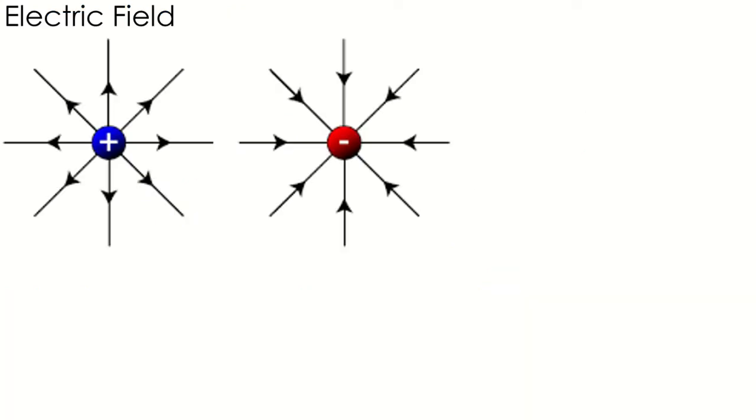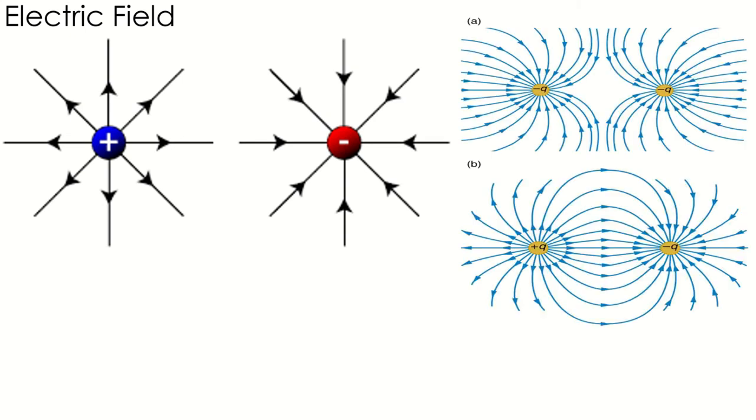Therefore, for a point positive charge and a point negative charge, we can represent the electric field lines in this way. And if we place two negative charges close to each other, or a positive and a negative charge close to each other, they adjust the electric field in such a way. For a positive and a negative charge, the electric field lines support each other, so they attract each other.